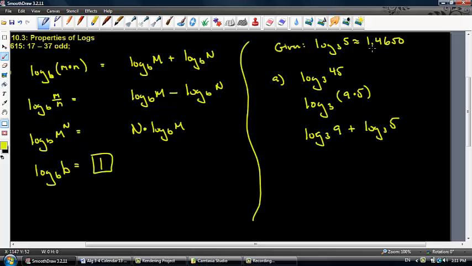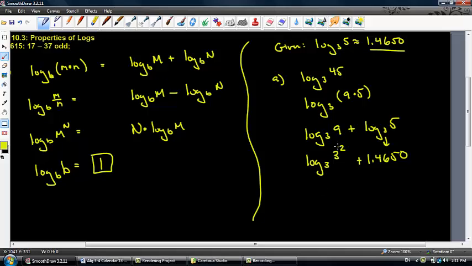Well, log base 3 of 5, they gave that to me: 1.4650. I'm going to add this to log base 3 of 9. They didn't give me anything for that, but I can further manipulate it. Well, 9 is really 3 squared.